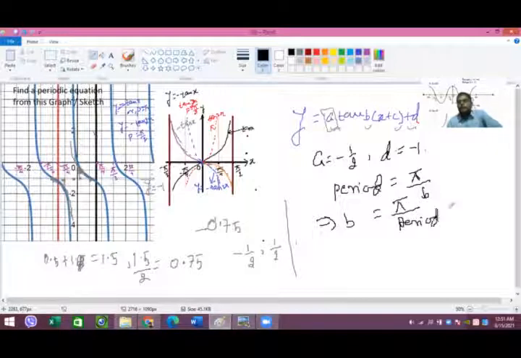So in this curve from the graph, you can count the period from here. You can check from here to here, like at this point, this value will go over here.